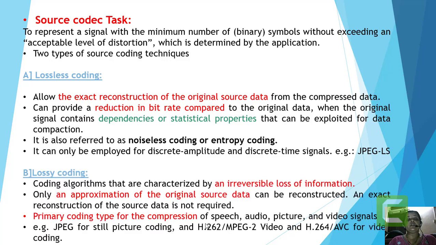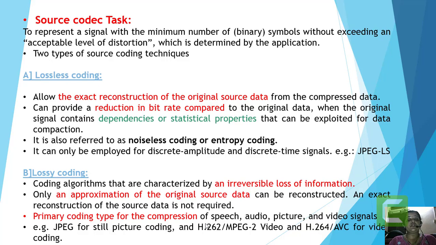The next type of coding is lossy coding. As the name tells us, it will have loss of some of the information, and because of that it is characterized by an irreversible loss of information. That's why only an approximation of the original source data is obtained on reconstruction. The exact reconstruction of the source data is not possible in the case of lossy coding.